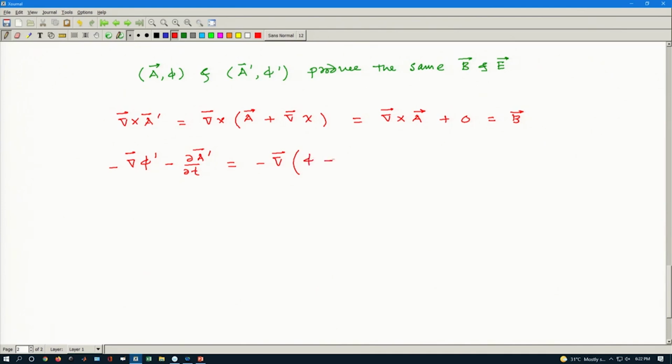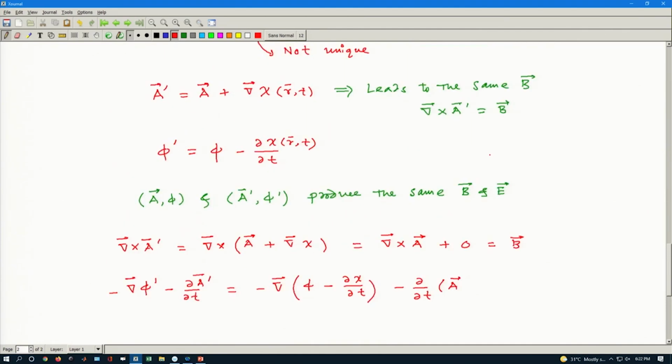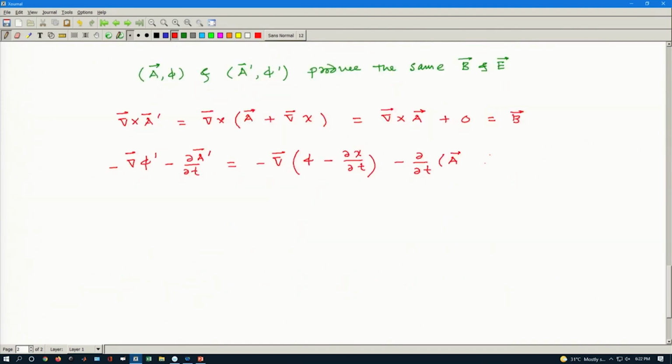So, it should be phi minus del t chi, and minus of del t A prime is A plus of this. So, what I am getting here, minus of this plus of, let us put this inside.